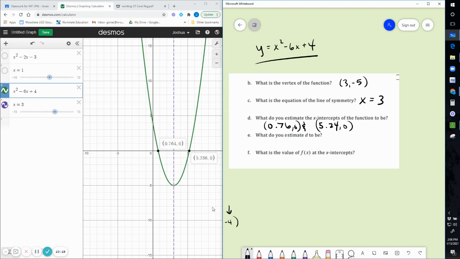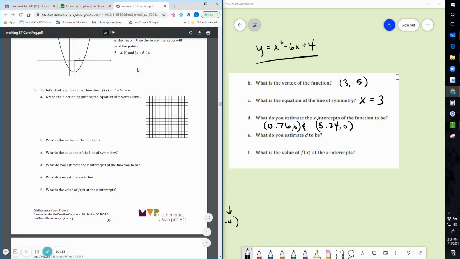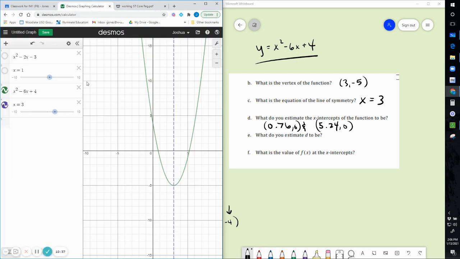Okay, so now it's saying, what do you estimate that distance to be, right? So how can we figure out that distance? Go back and remind yourself, if you didn't get it, how we did it. How do we find the distance? Earlier we said that it was h minus d and h plus d, right? So h was 3.